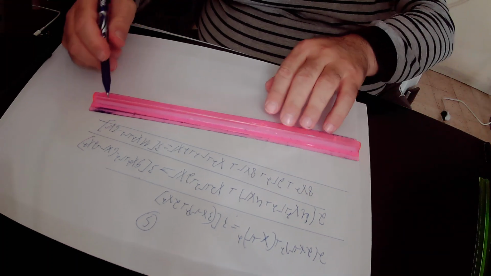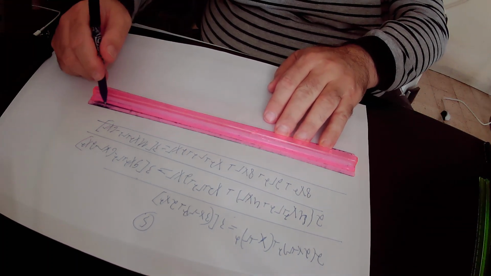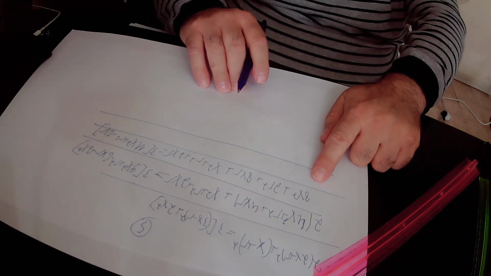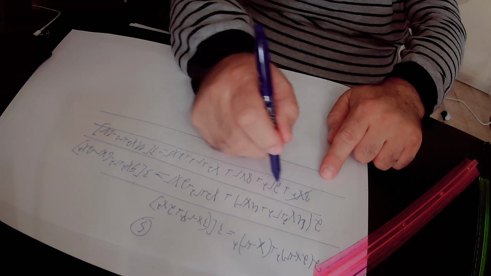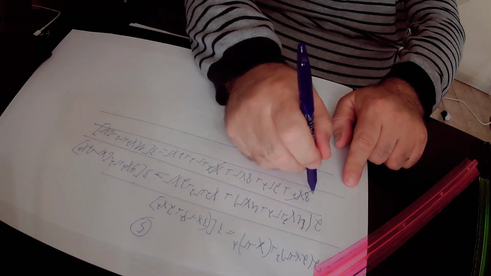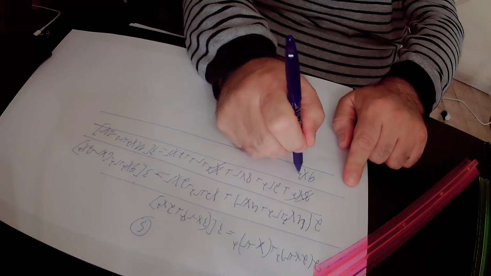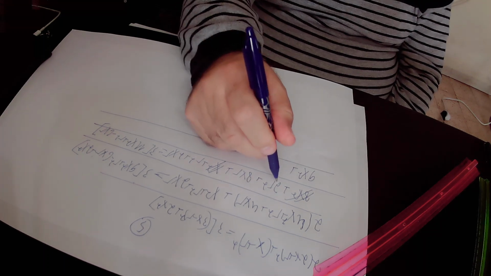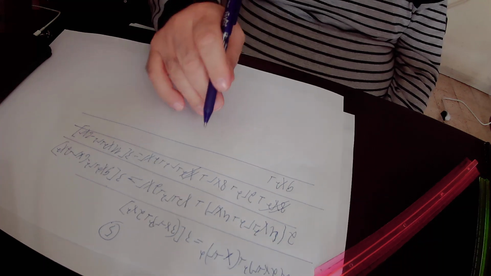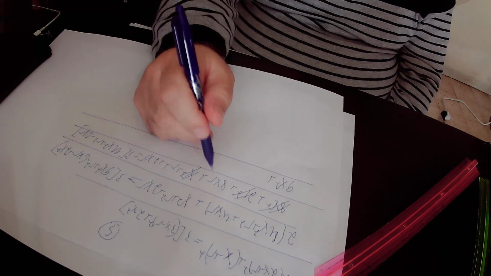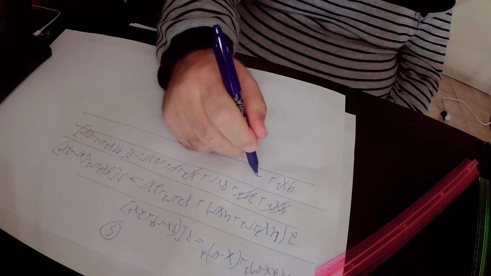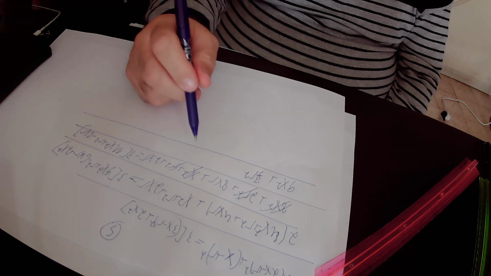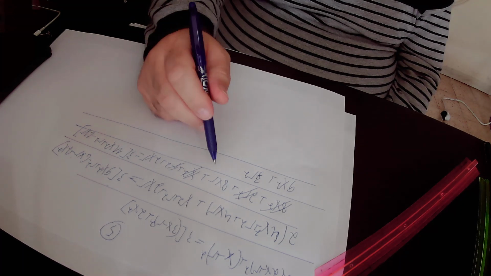So here in this side of the equation we have 8x squared plus x squared is 9x squared, two r squared plus r squared is 3r squared, and 8xr plus 2xr is 10xr.